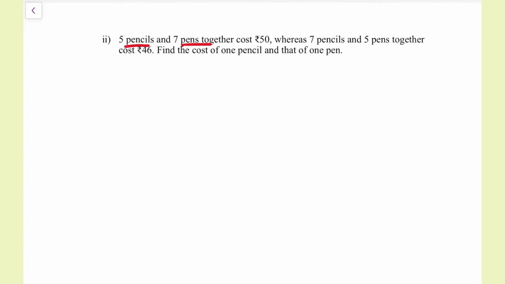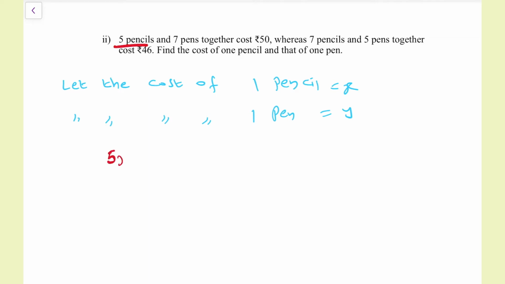So let us take it. Let the cost of 1 pencil, I am taking it as x. The same way, let the cost of 1 pen I am taking as y. Now 1 pencil cost is x, then what about 5 pencils? 5x plus 1 pen is y, then what about 7 pens? 7y.